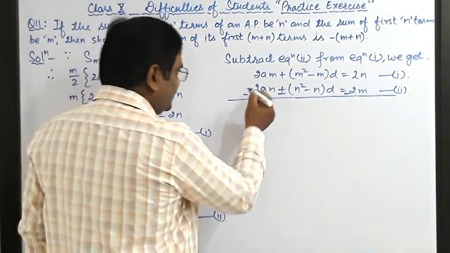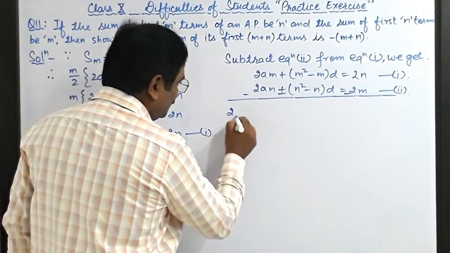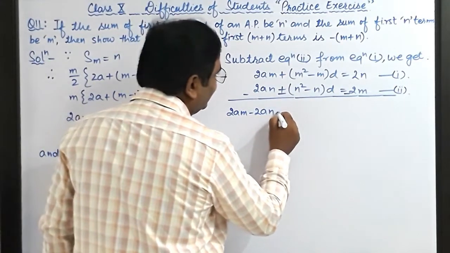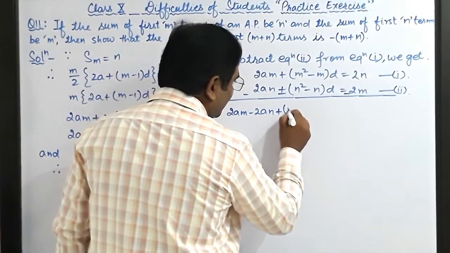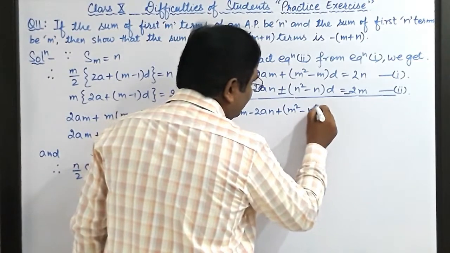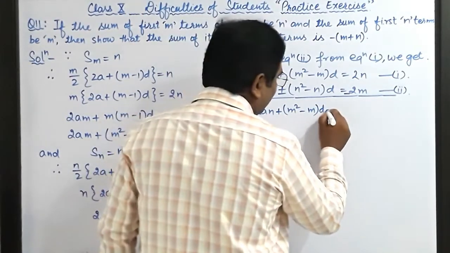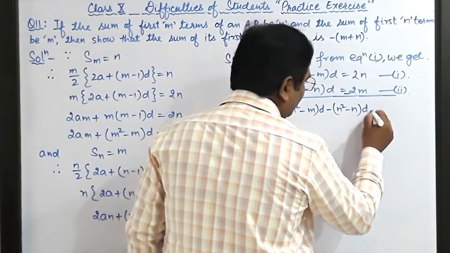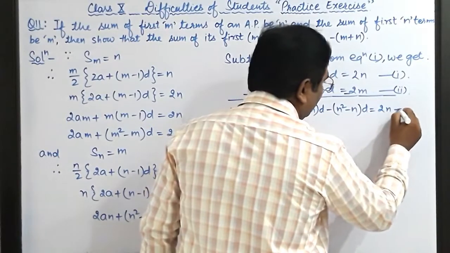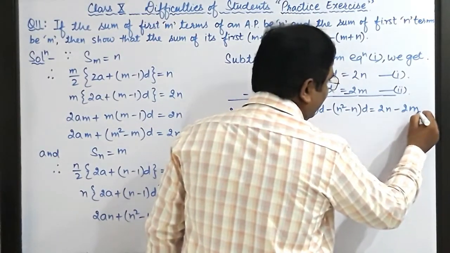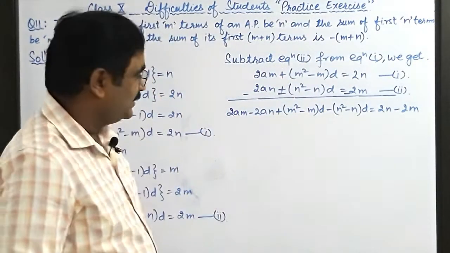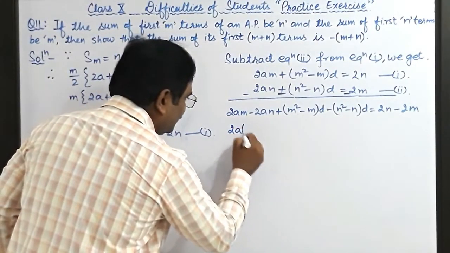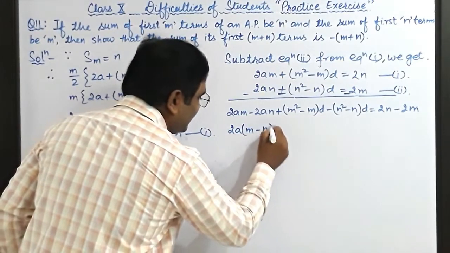So this can be written as 2am minus 2an then plus m square minus m into d minus n square minus n into d is equals to 2n minus 2m. ठीक है? अभी इसमें क्या कॉमन है? 2a is common, so you will get m minus n. कोई प्रॉब्लम?